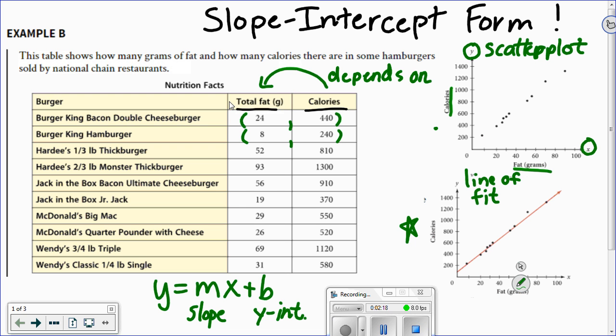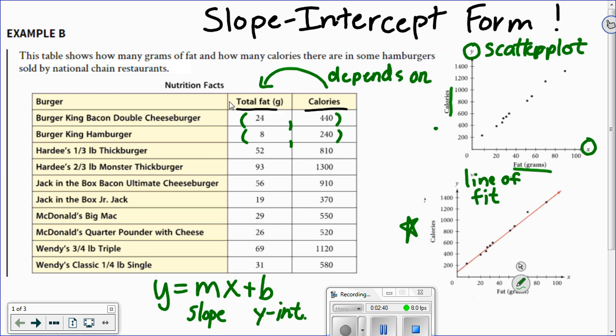That models this relationship between calories and fat in a linear form. I've tried to draw that line through as many of the points as I possibly can. I still have some that are above the line and some that are below the line, and that's okay. But many of the points fall very, very close to the line. So here's my line of fit.